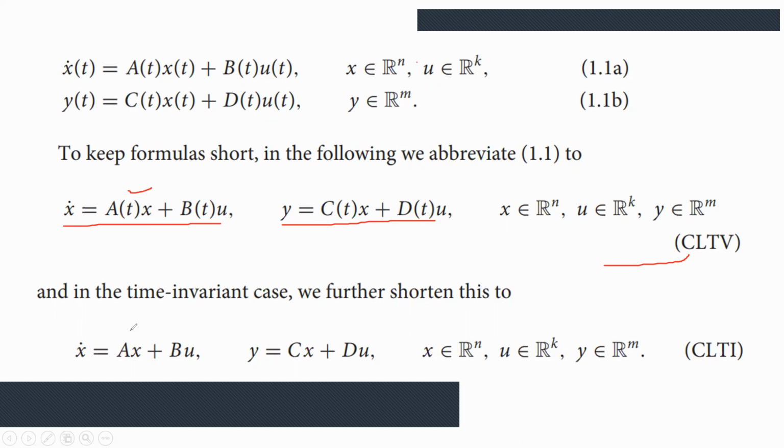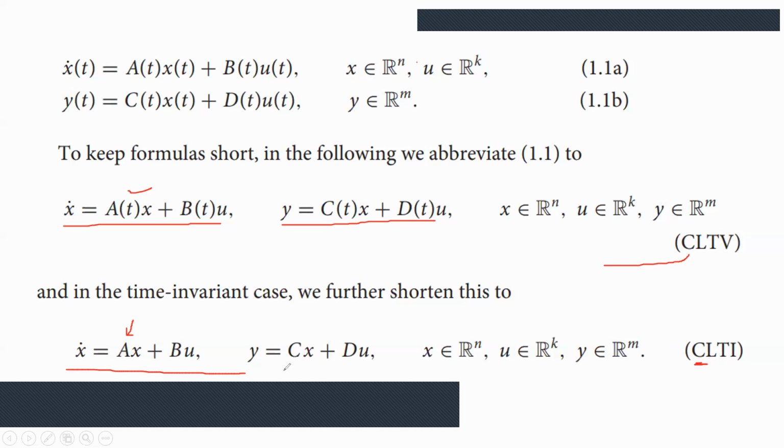Similarly, if t is absent, there is no t with a, so it is a constant value. So this is linear time invariant, and this is also continuous because c is there. We have the discrete case as well.